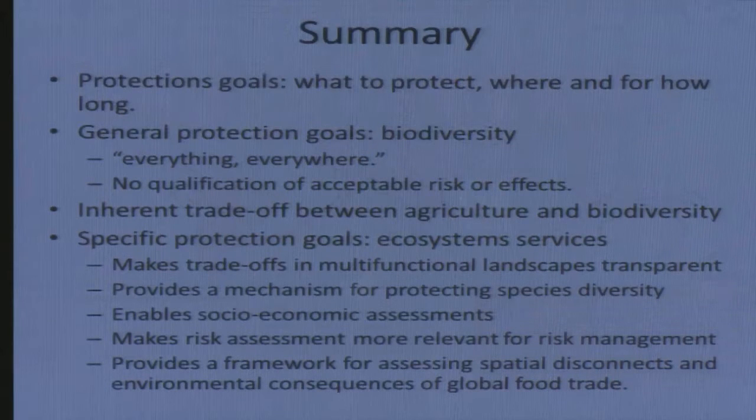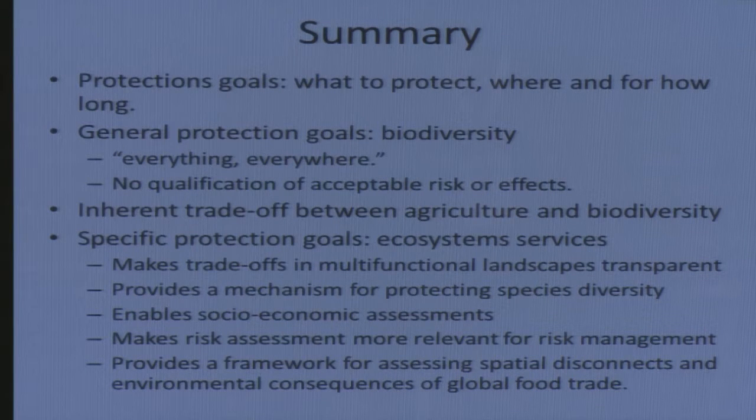So in conclusion, protection goals need to say what to protect, where, and for how long. General protection goals based on biodiversity are not operational because there's no qualification of acceptable risk and effect, and they can be boiled down to meaning everything everywhere. There is an inherent trade-off between agriculture and biodiversity, and we need to think about that and manage in that context.